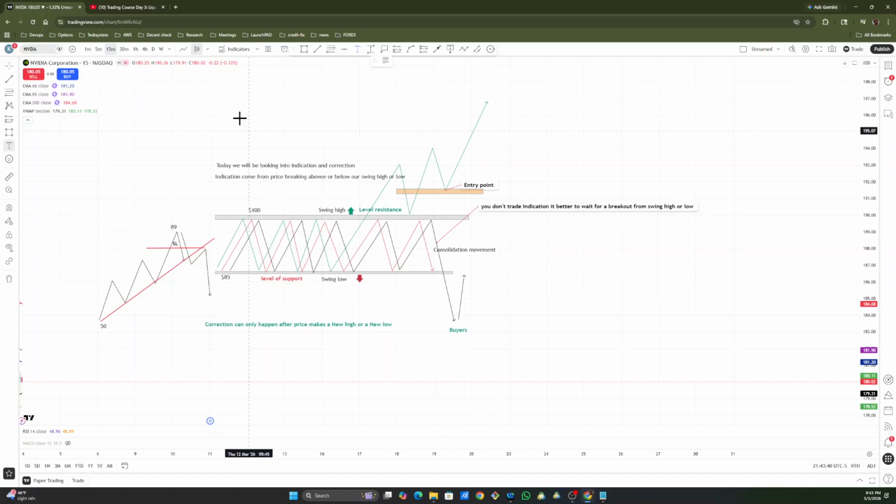Some people monitor correction based on 1 hour time, H1. All right, 1 hour. Some people could go with 15 minutes to monitor their correction because with a bigger time is better.